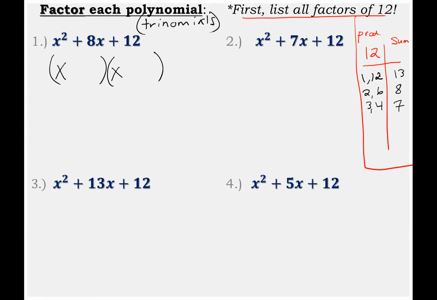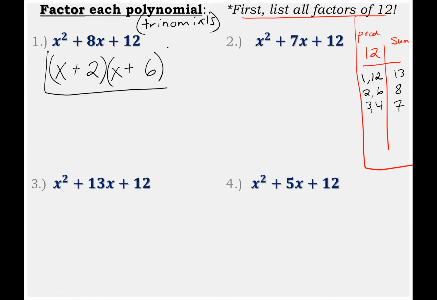So we go to our list here. Let's find the factors of 12 that have a sum of 8. Here it is, that second one in the list, 2 and 6. So I would put 2 and 6 here. Those numbers have a sum of 8, and they have a product of 12.